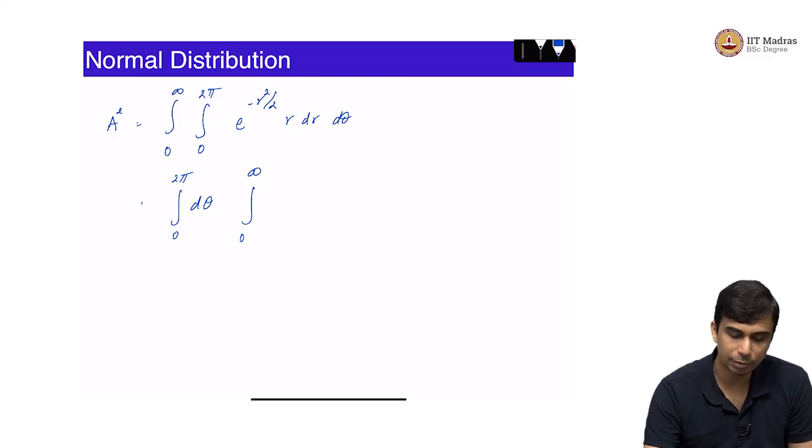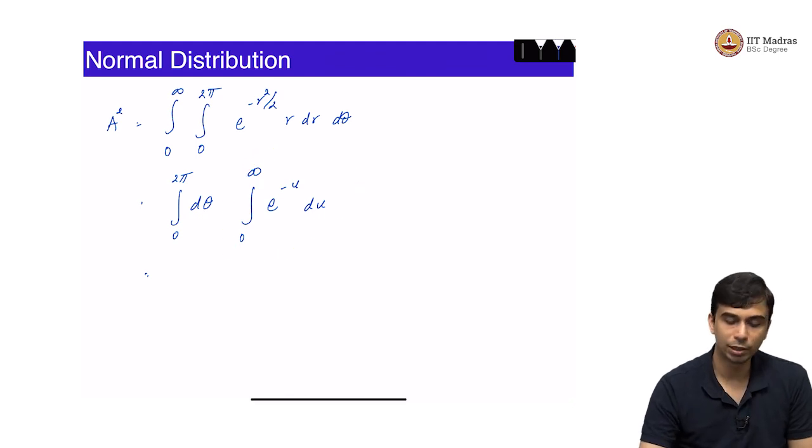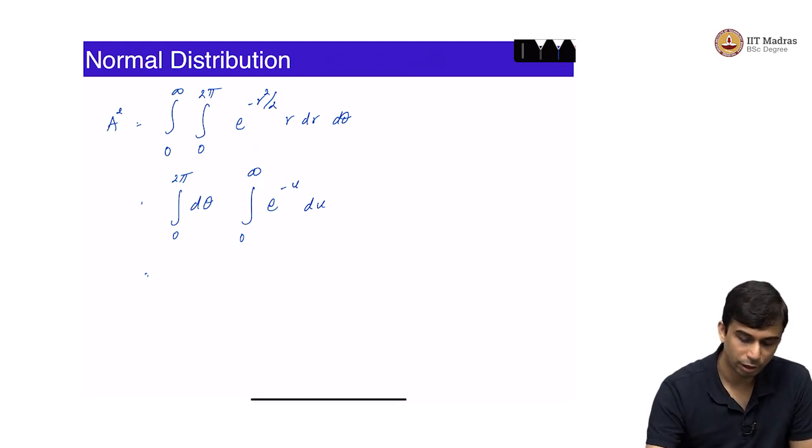If you do that the limit of u does not change, it is still 0 to infinity, but du is exactly equal to r dr. So, you have e power minus u du. And this integration is pretty easy, you can do that and you will get back 1, and this integration is also easy, it is equal to 2 pi.